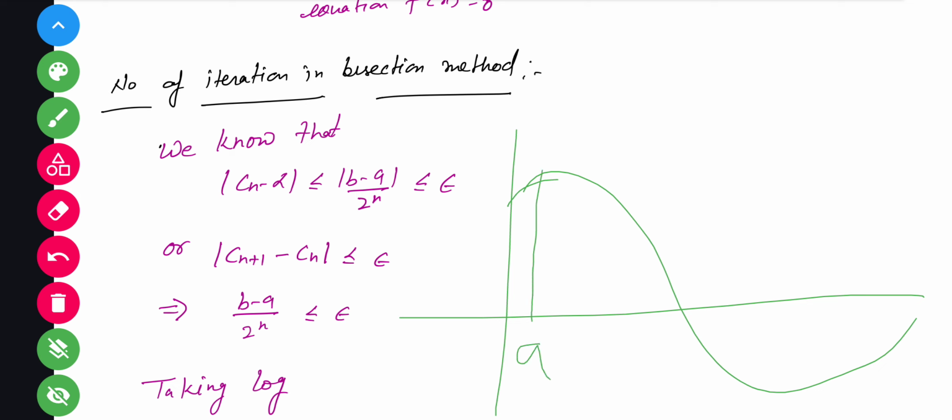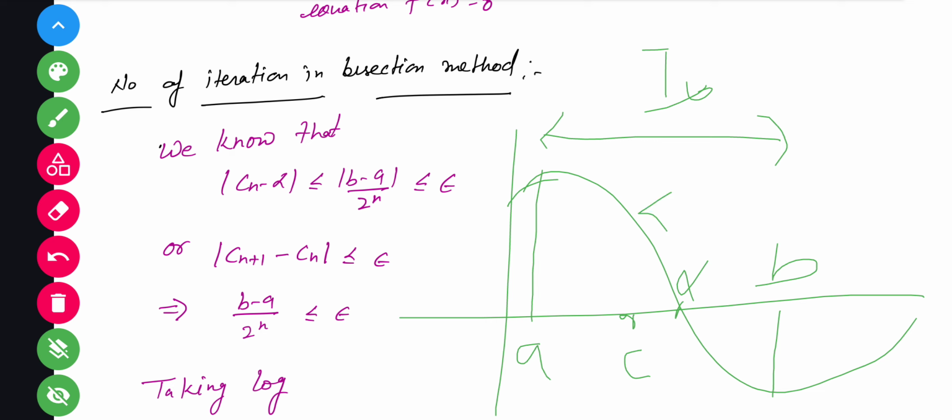This is A, this is B, and this is C, let's say, and this is alpha, the actual root. The main thing we need to remember here: you can see this is our first interval, I0, and this is our second interval, I1, from here to here.